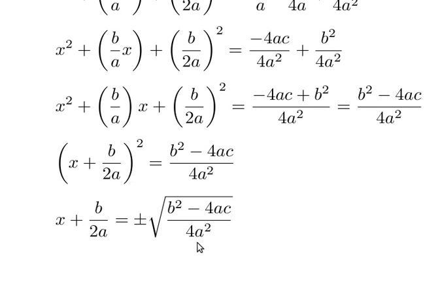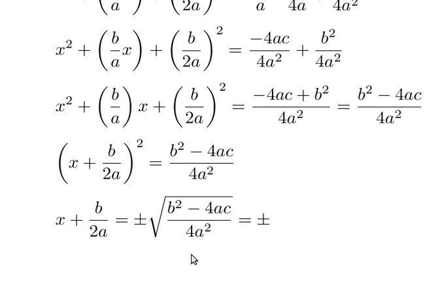Now I'm going to do just a little bit of mathematical hand waving, more or less. I'm going to take this square root and put it on the individual parts of the fraction.